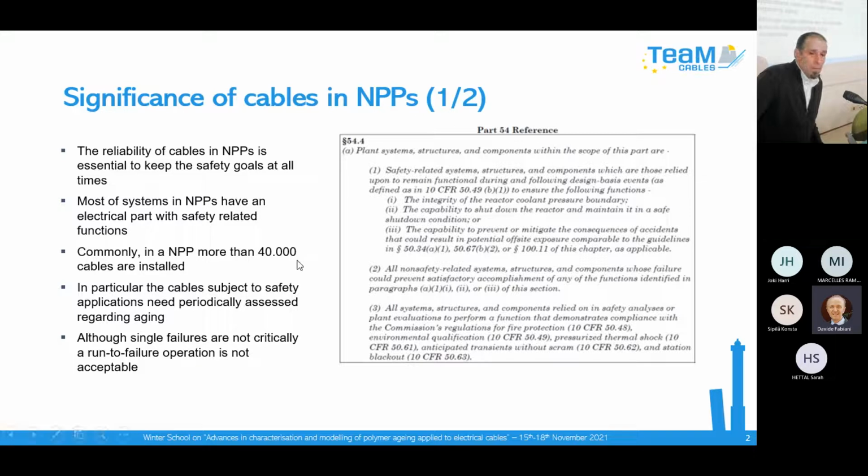And this is the most relevant reason why we need software to deal with that. Because the operators need to demonstrate the safety of the plant, and that means they have to demonstrate that each cable in each safety system is in a good condition.